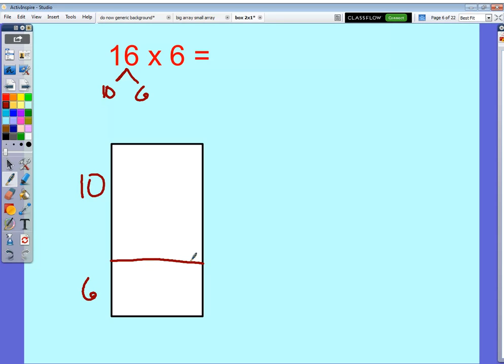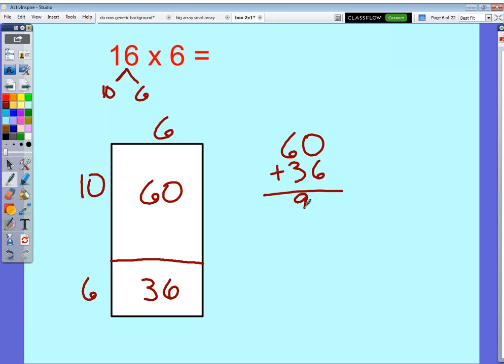And for each of those two small arrays, I have 6 in each row. So all I have to do is multiply 10 times 6. I get 60. And my 6 by 6 array, the total is 36. Add them together. And I get 96. And that's my answer.